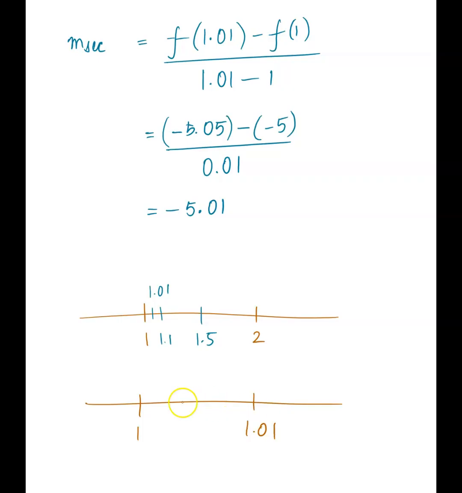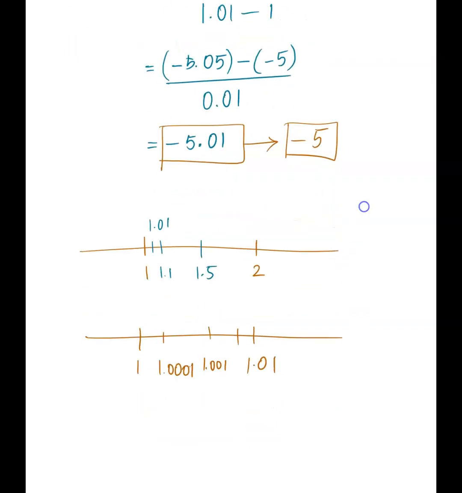So then you can actually bring in all these points, 1.0001, 1.001, okay, you got that. So if you were doing that, just increasing the number of zeros, that would actually bring you closer and closer to negative 5, because you'll get negative 5.00 something, and then you get closer and closer to the 1, and then you realize that your average rate of change appears to be approaching negative 5.